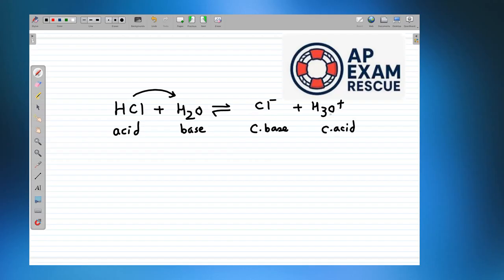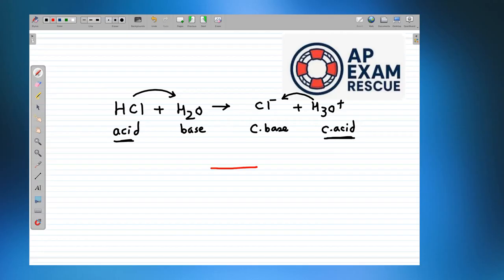The same way the HCl is trying very badly to add its proton to the water, the reverse reaction is trying to happen. What is that? This acid is also trying to give its proton to the base in the backward reaction, so that it goes backward. But because H3O plus is a very weak acid compared to this one, who wins?